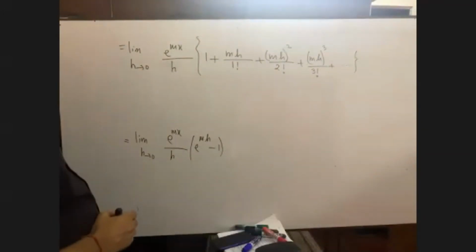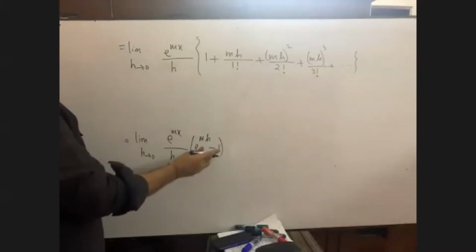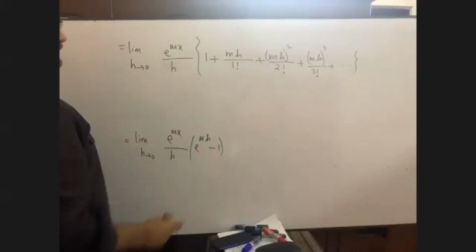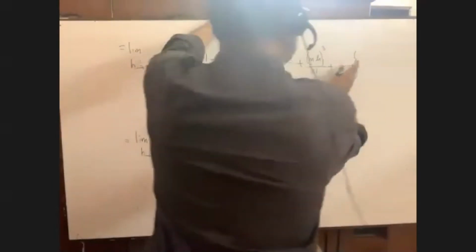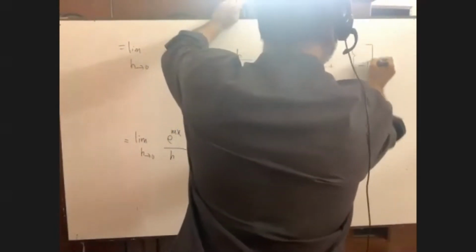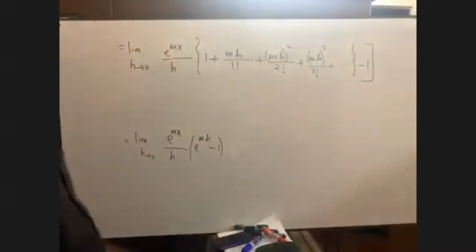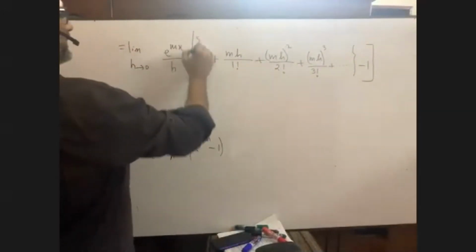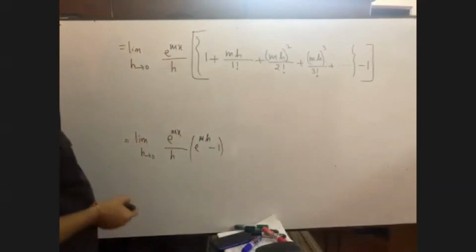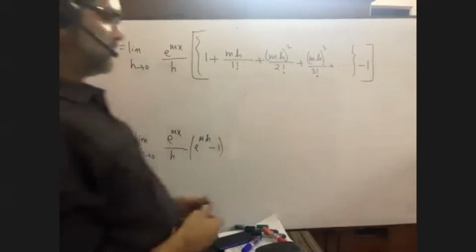Yes, sir. There is minus 1. Have you seen? There is minus 1. I have to give a third bracket here if I go for writing like this. Then you will come to understand.